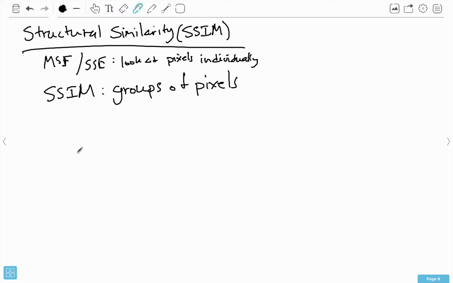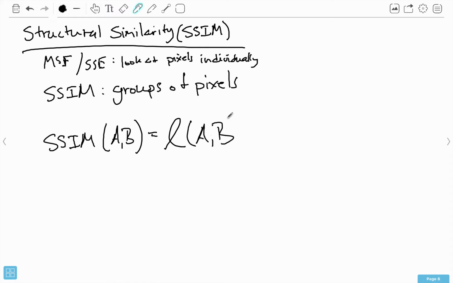And as it turns out, structural similarity is actually a product of three other kinds of measures. Let me write it out. Structural similarity between A and B is a product of L of A, B times C of A, B times S of A, B. I'm going to explain what these are in just a second.